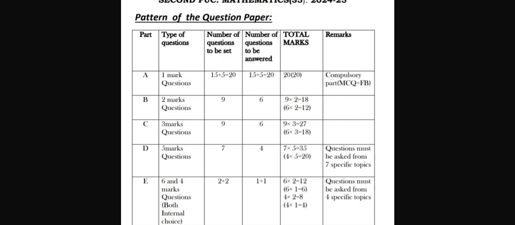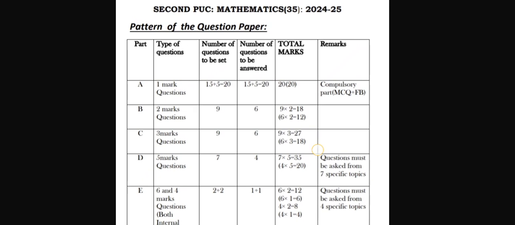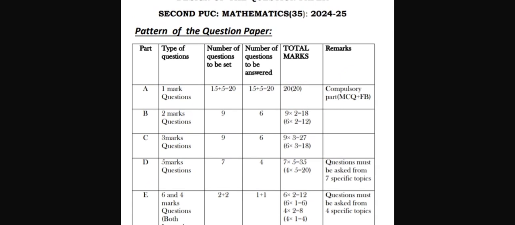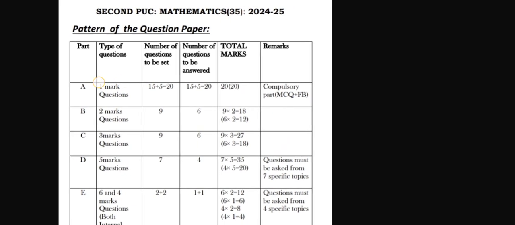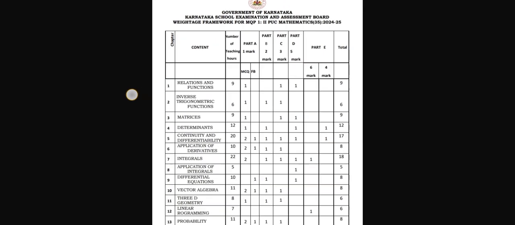So this year a new pattern can be set. Okay, but this is also one of the good ones. Next we discuss the weightage and what the questions from those topics are.